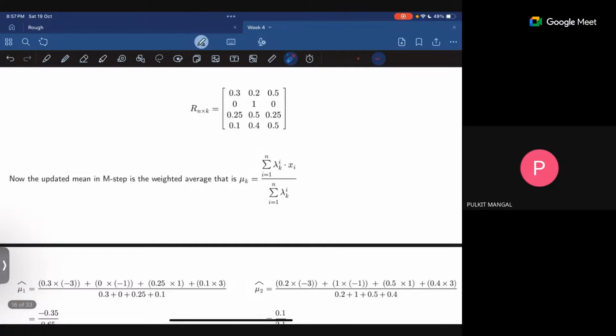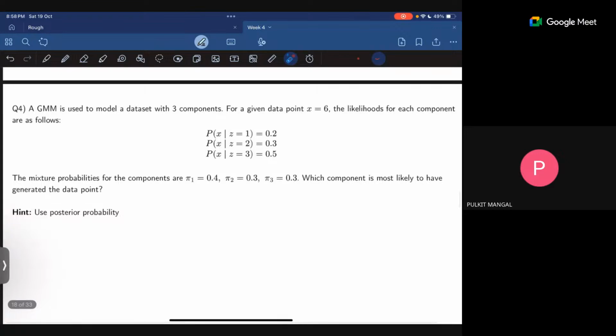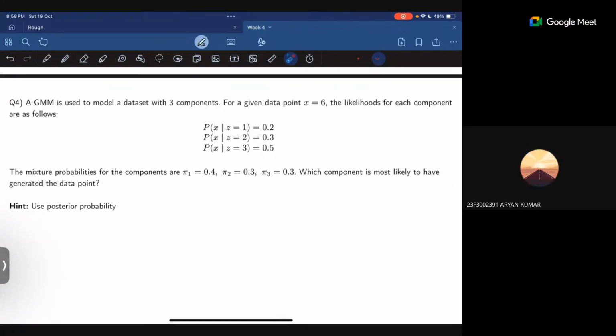Should we move to our next question? Yes, sir. This question now asks us to calculate the lambda ik values. It is not directly asking you, but to answer this question, if you see the hint, it is telling you to use posterior probability. The posterior probability means the same, the lambda ik. So if you read the question, a GMM is used to model a data set with 3 components.